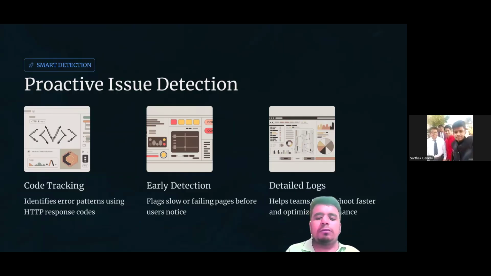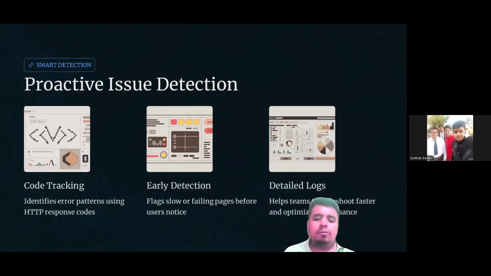I won't be sharing the code with you guys, but at the end of this PPT, I will be sharing the ultimate output. What happened when I linked those code files and the website links required is what I'm going to represent. Okay, so code tracking.